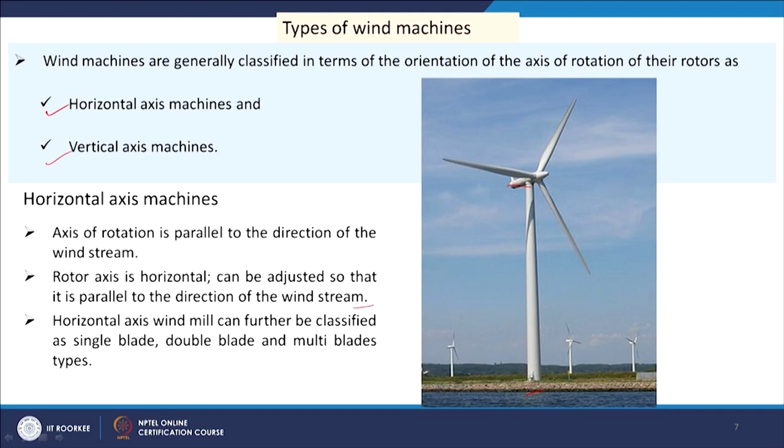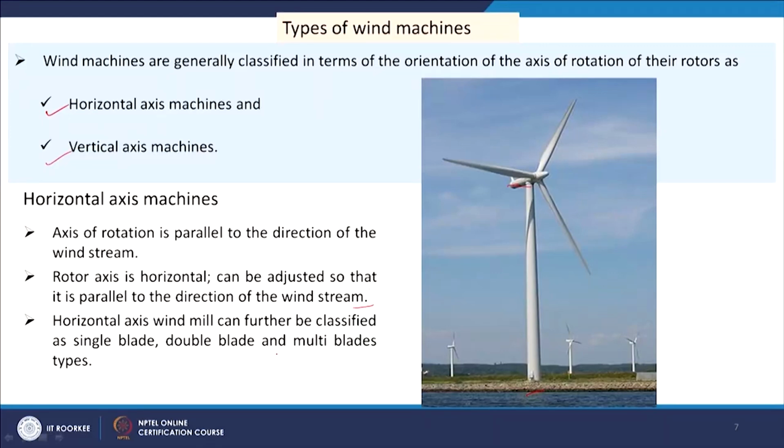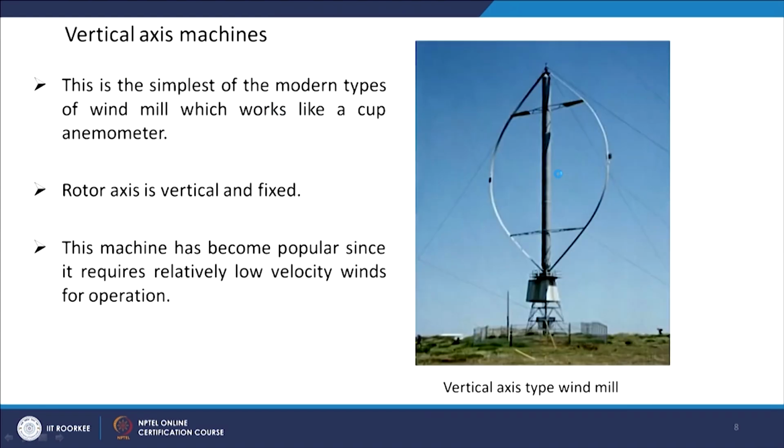It is not necessary that the wind is always flowing in the same direction, so when the wind direction changes, the direction of the rotor can also be changed in this design. The horizontal axis windmill can further be classified as single blade, double blade and multi blades. Here we are seeing three blades, but we may have a single, double or multi blade system.